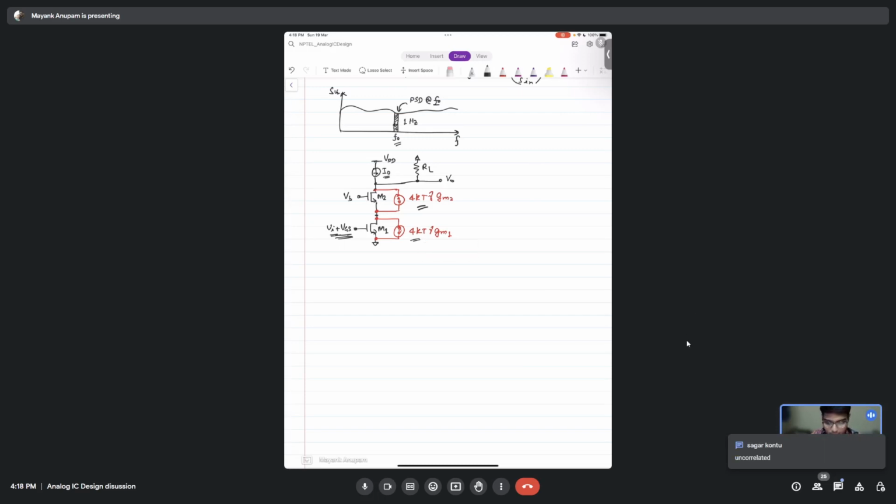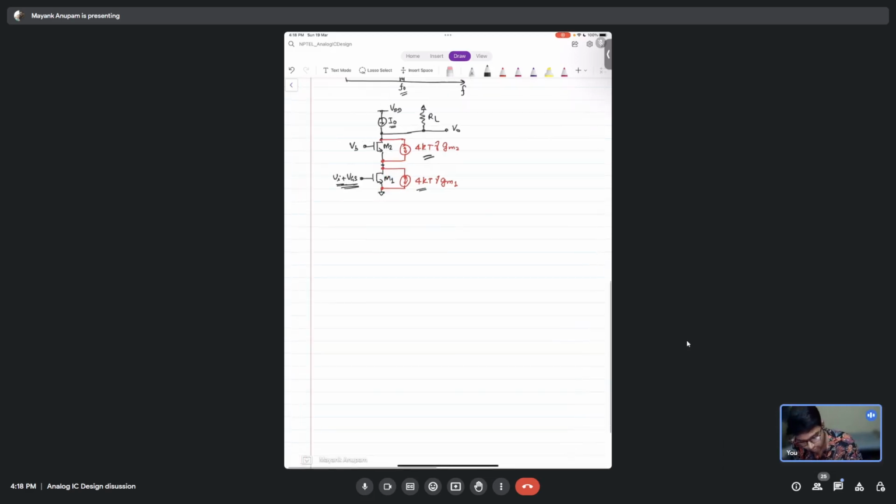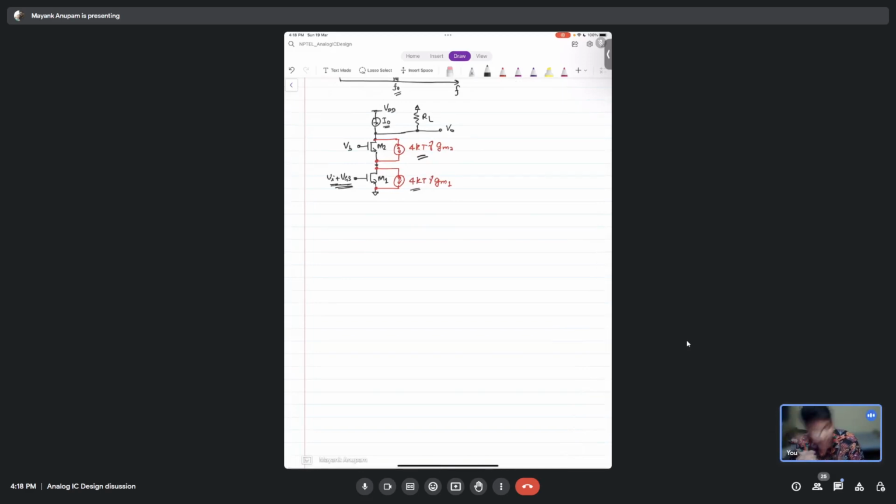Yes, since there are two independent current sources in a linear circuit. When you write its small signal equivalent, this will become a linear circuit, right? And since there are two current sources, we can use the principle of superposition. We can individually find their effect at the output and then sum them, right?